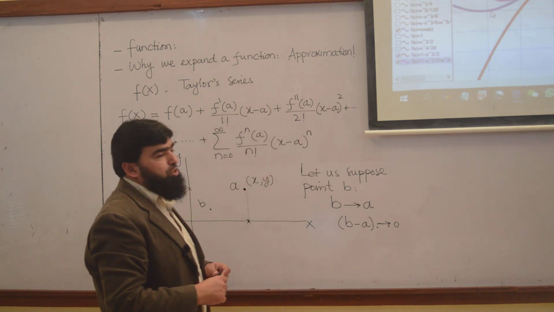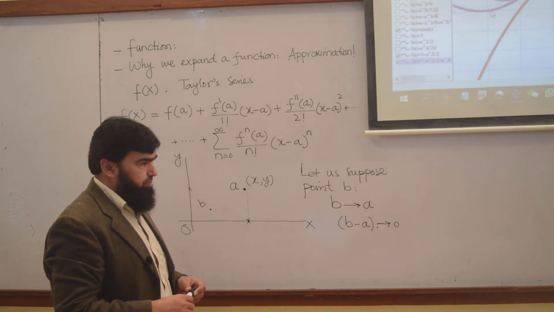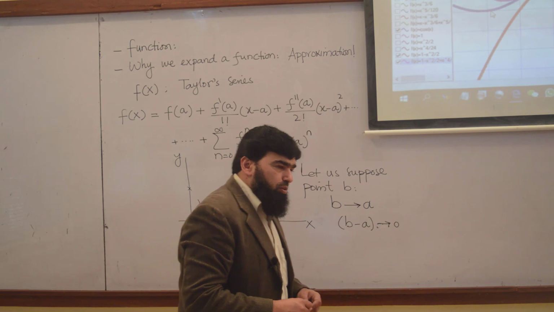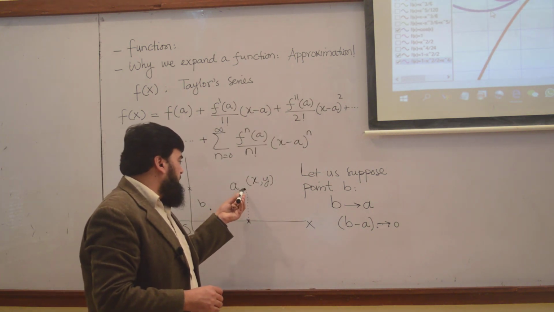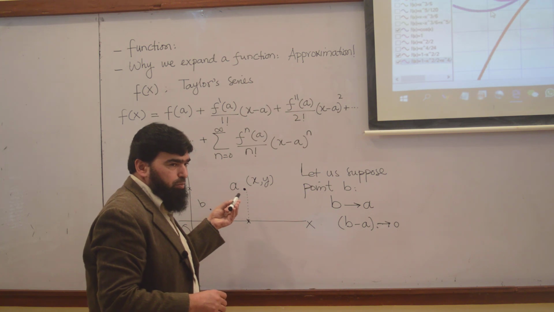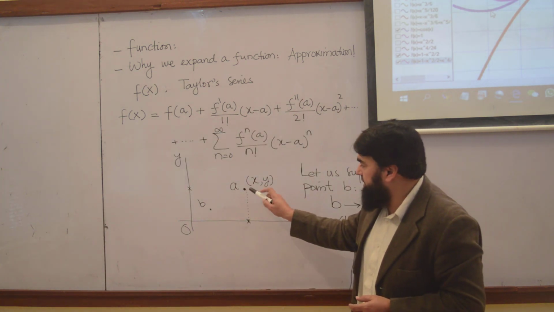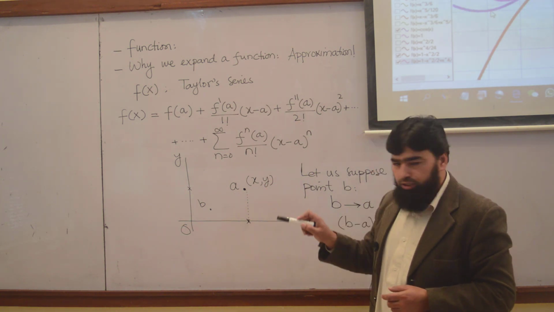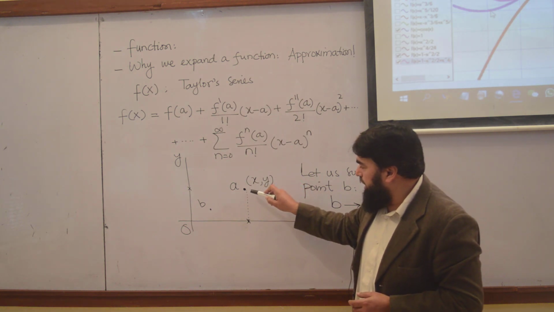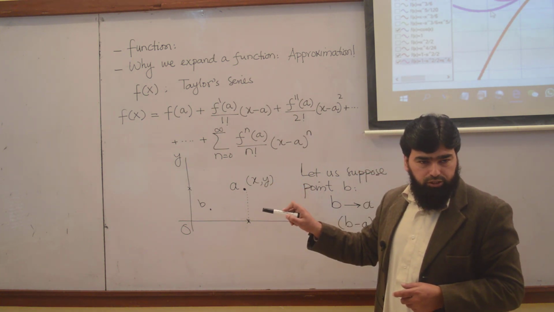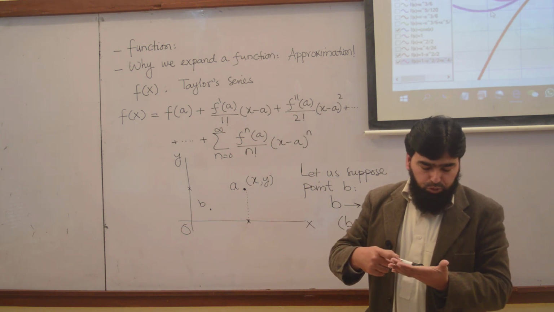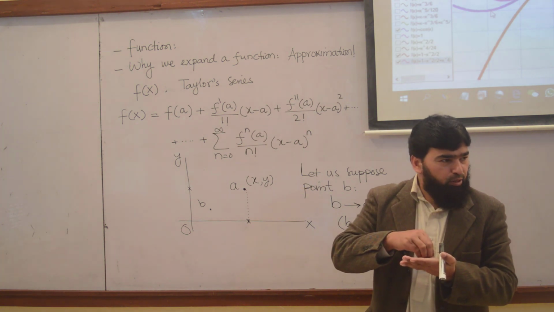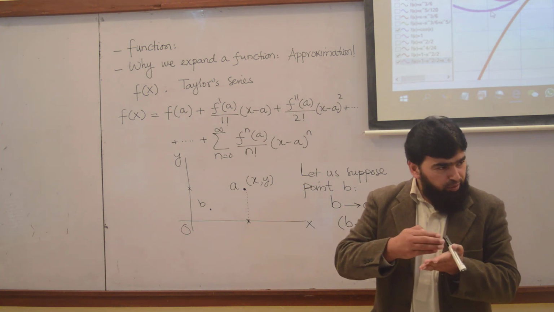But exact 0 is not possible. So it will always be going to 0. For example, this point I have exaggerated a little, a big dot. But if it is a normal dot and I put another dot exactly over it, and then I observe the two in a magnifying glass, I will find that the two are not exactly overlapping. They will be a little bit separate.